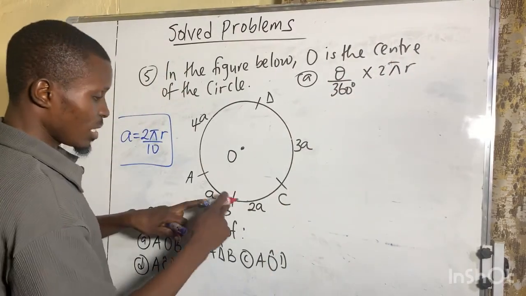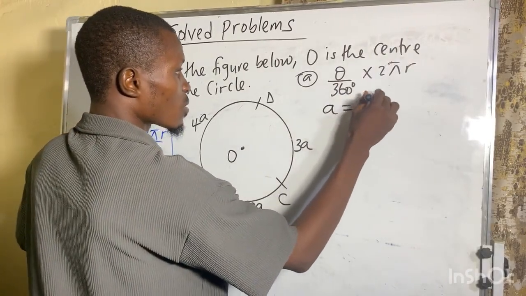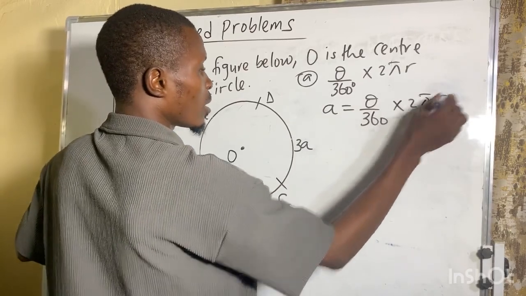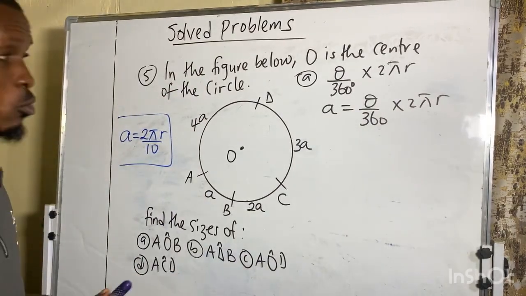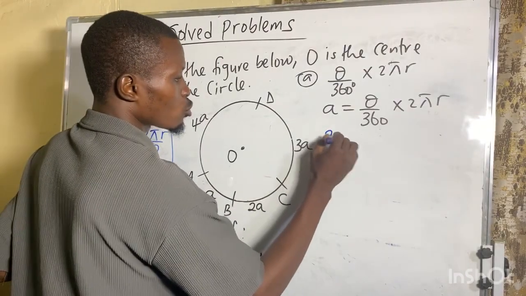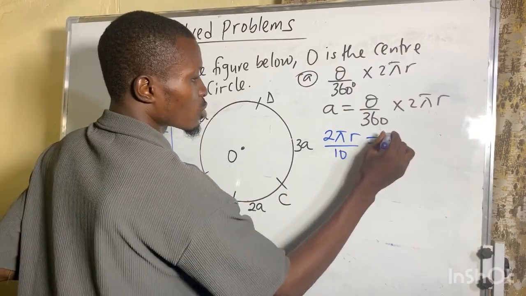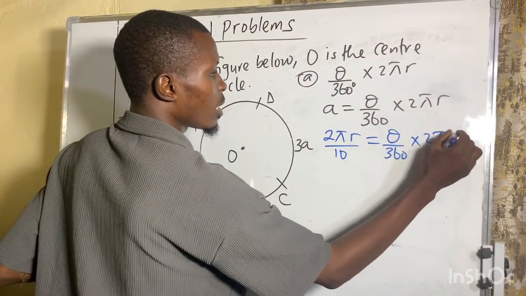So for this arc AB, which is given by A, we can have A equals what? Theta over 360 times 2 pi r. And remember, here we obtain A to be what? 2 pi r over 10. So we have 2 pi r over 10 equals what? Theta over 360 times 2 pi r.